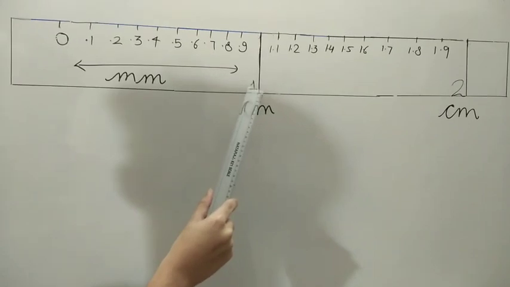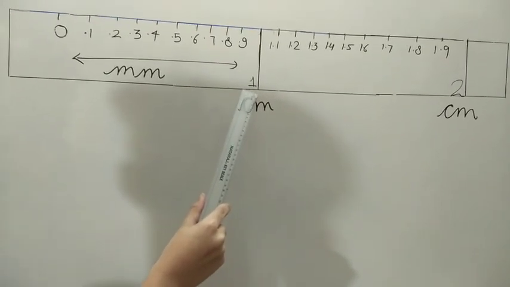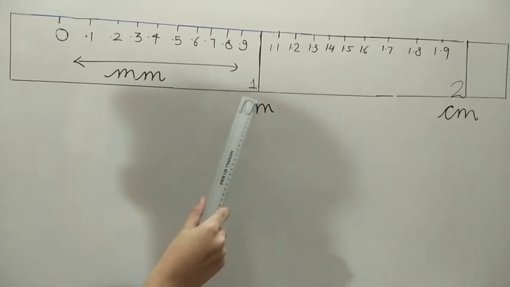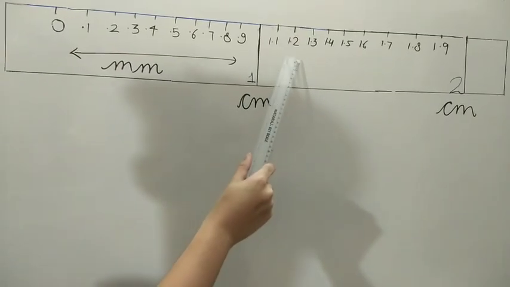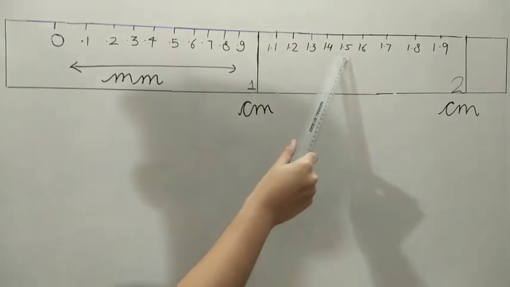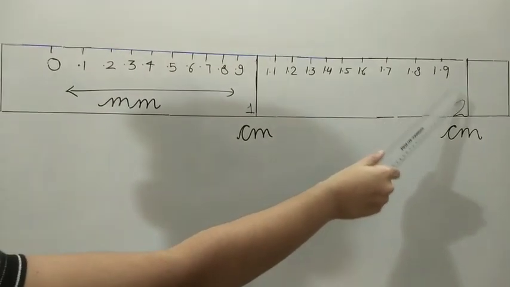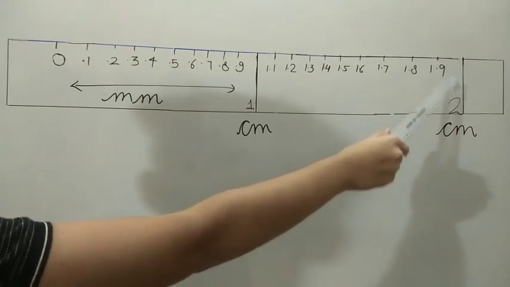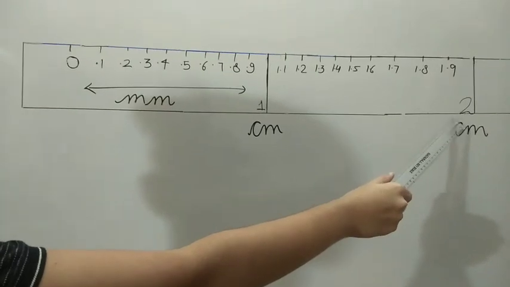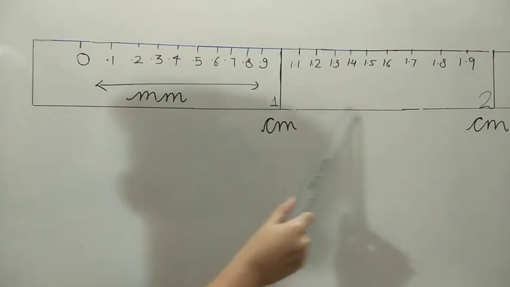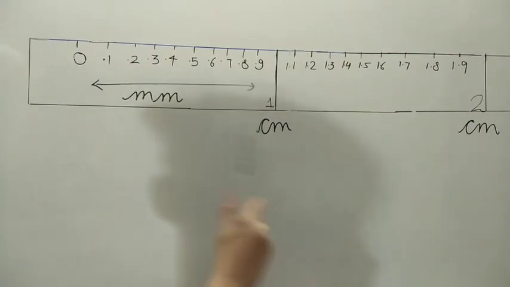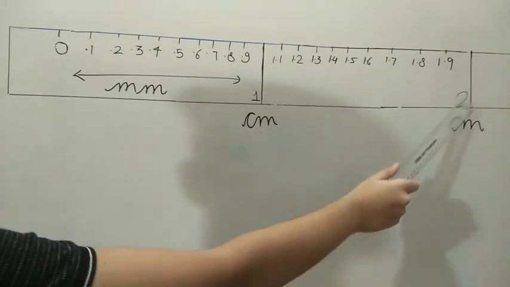So it is completing 1 centimeter, and after 1 centimeter: 1.1, 1.2, 1.3, 1.4, 1.5, 1.6, 1.7, 1.8, 1.9, then at the 10th line is 2 centimeter. So how much gap is between them? 10 mm from 1 centimeter to the other centimeter.